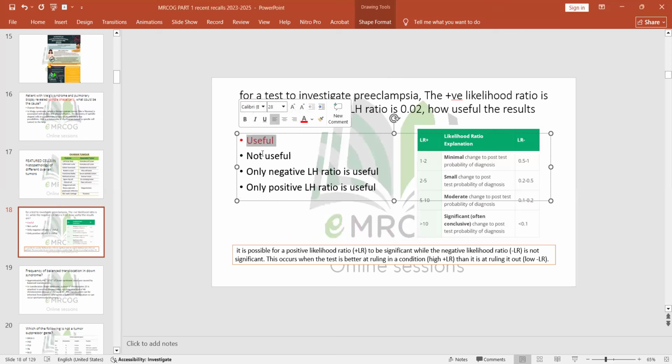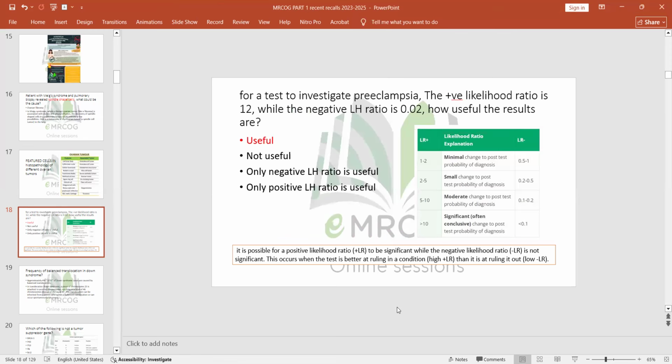Yes, you can. It's possible that you get a good positive likelihood ratio and a bad negative likelihood ratio. That's normal, just like getting a good sensitivity of a test and a bad specificity of the same test.